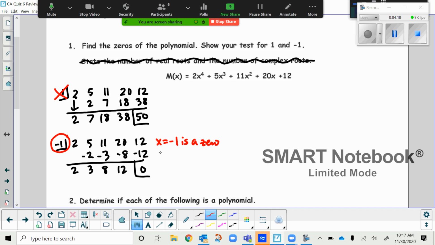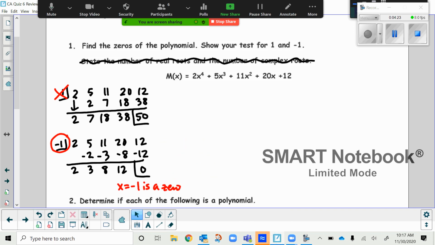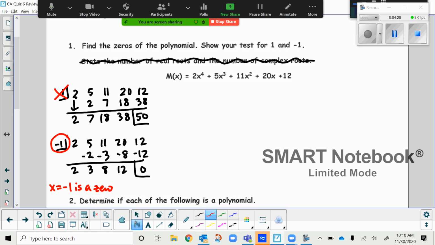So you should have had a remainder of 0, yes? If not, check your math with mine quickly. Because we have a remainder of 0, that means that x equals -1 is a 0. It's a solution, it's a root.